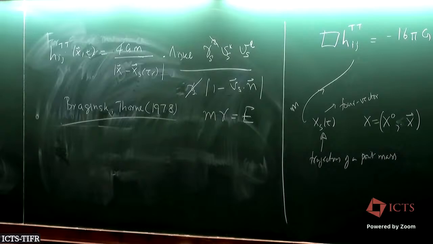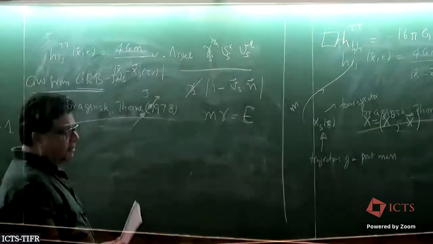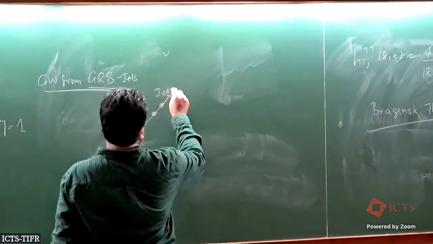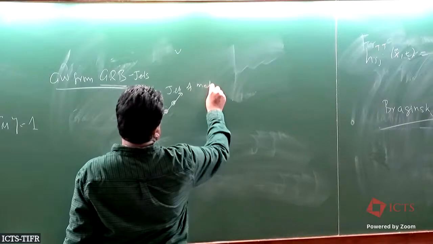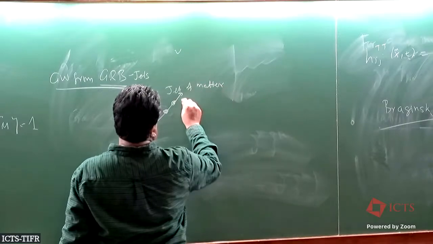Some model of GRB tells you that in the end, what you have is some compact stars rotating around some axis, and then there is a jet. When you have a blob of matter which is produced and thrown out at some velocity v, this is a jet of matter. So this has a velocity.